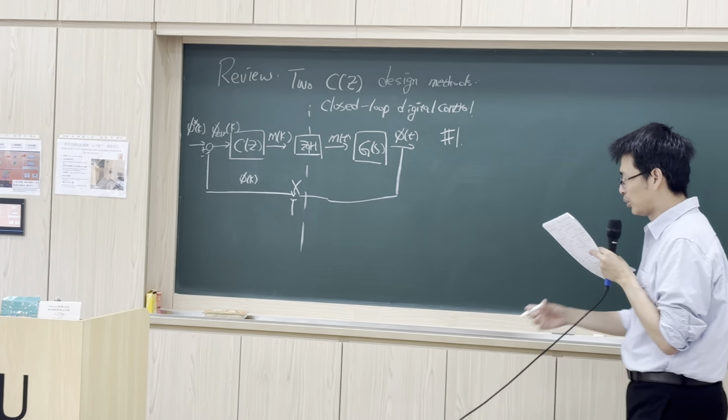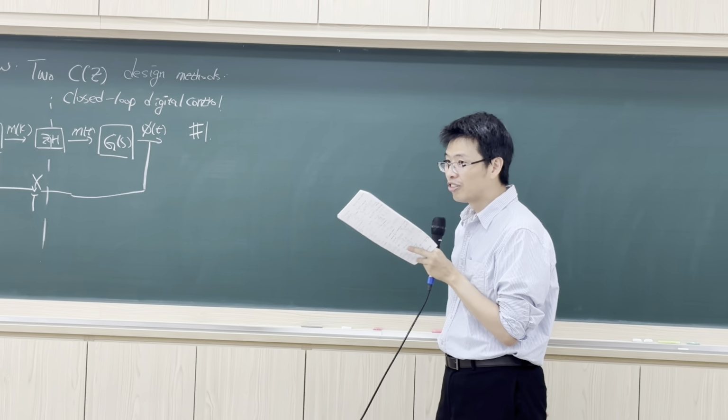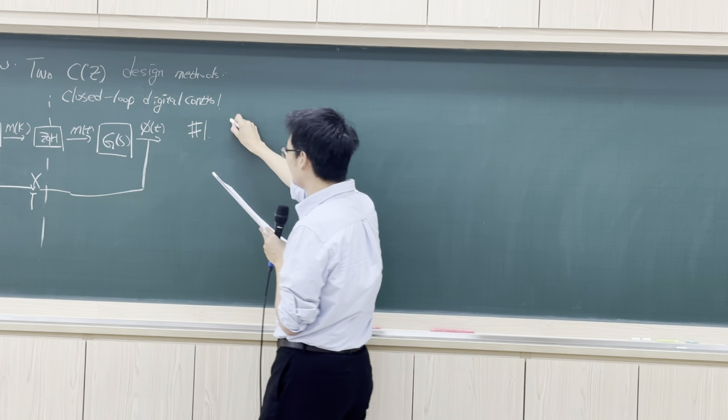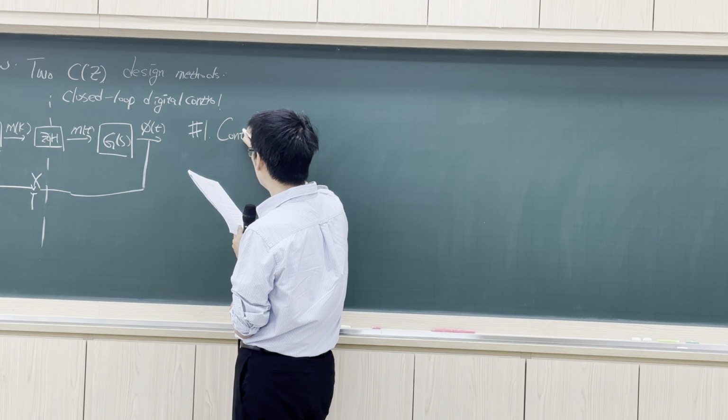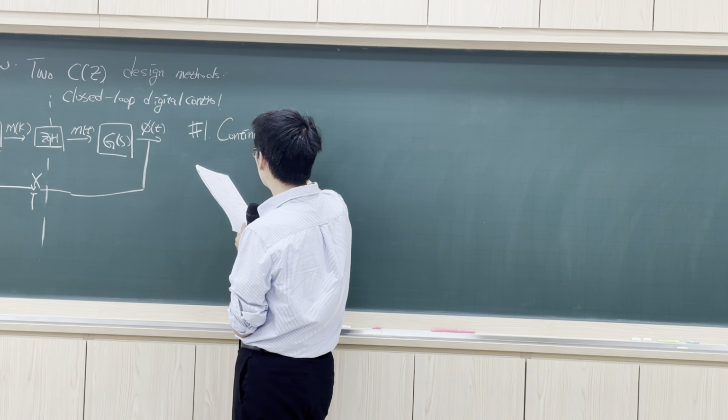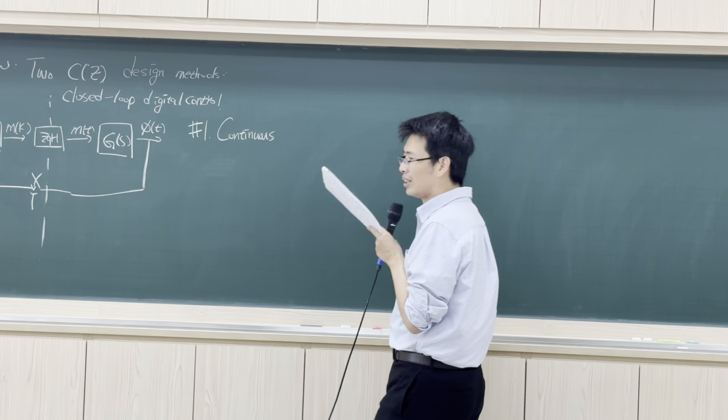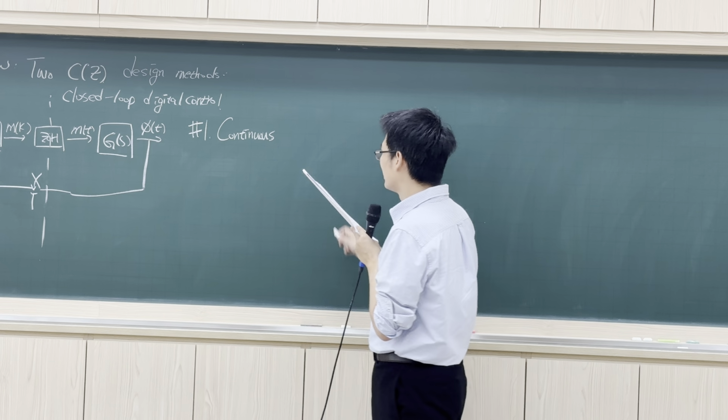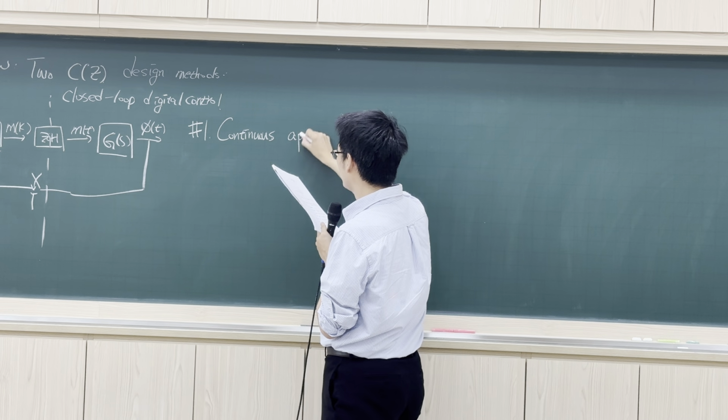I have already shown you the first one. The first one is called a continuous linear approximation. In short, we can call this the continuous approximation.